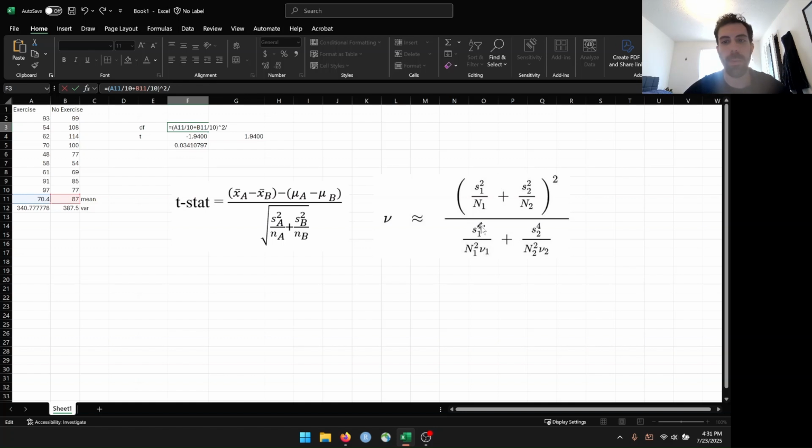So you don't have to be as intimidated by it. So that's going to be divided by the variance squared over, now here I have my sample size squared, which I know is 100, but I'll just go ahead and write it out, times my degrees of freedom in group 1. That's what that V, it's really the Greek letter nu, is representing, the degrees of freedom.